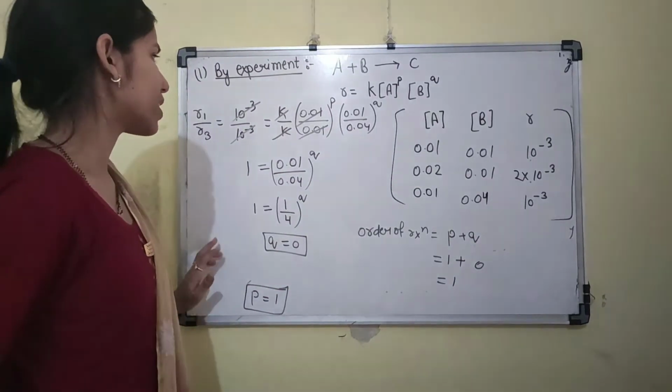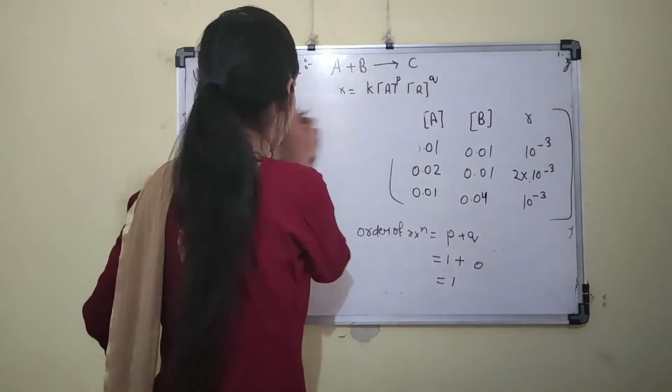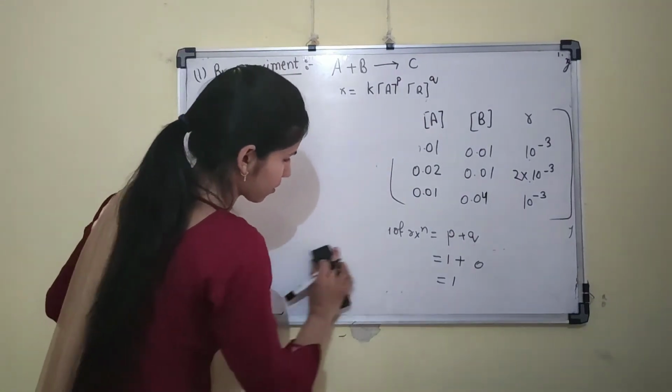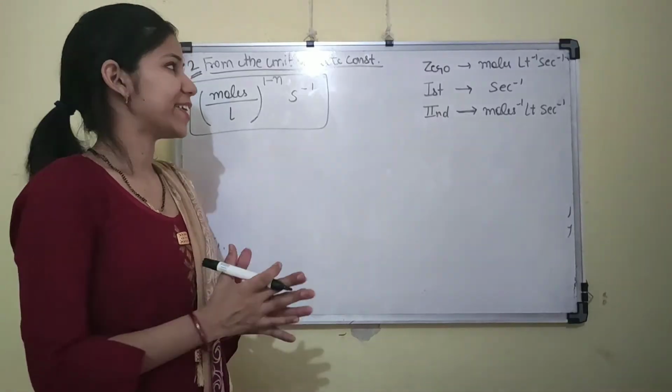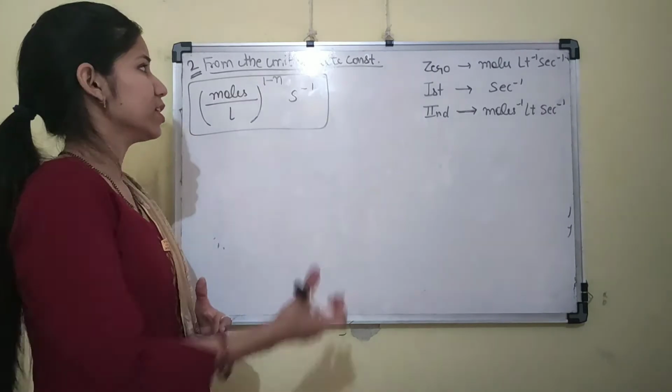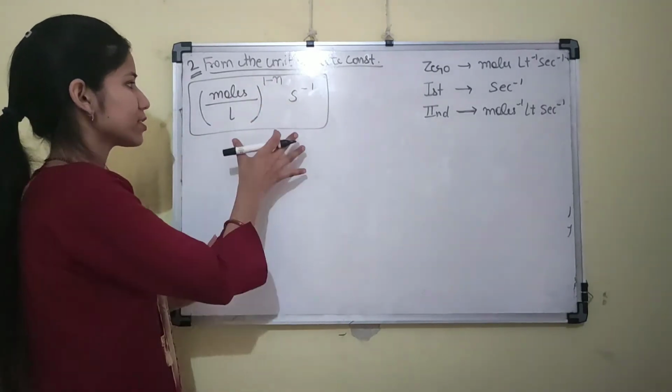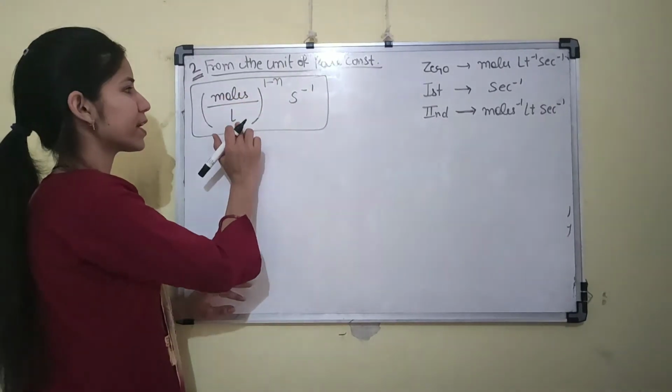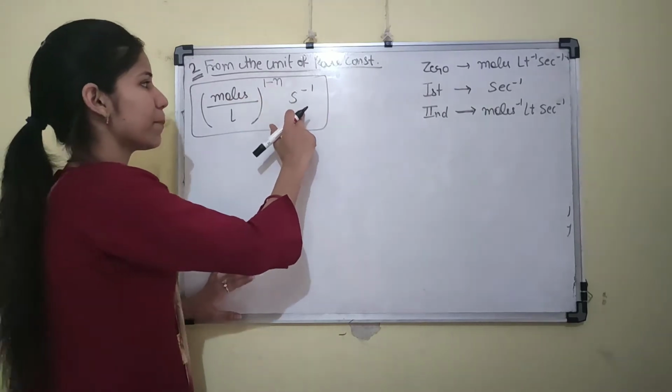Now the second method is we find the order of reaction by the units of the rate constant, and this is the formula, that is moles per liter to the power 1 minus n per second.